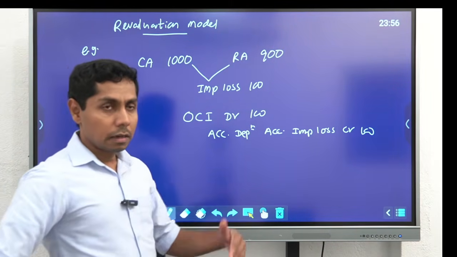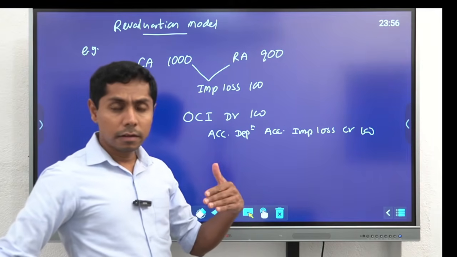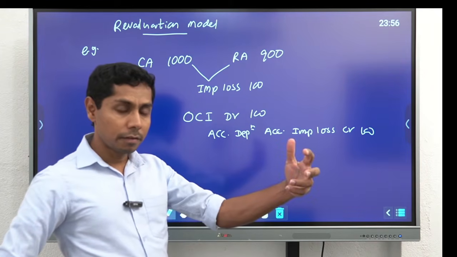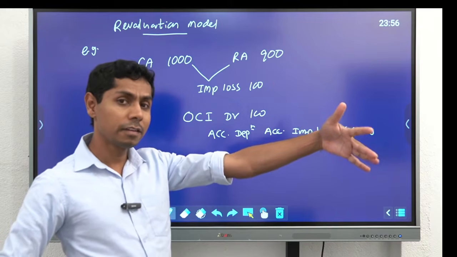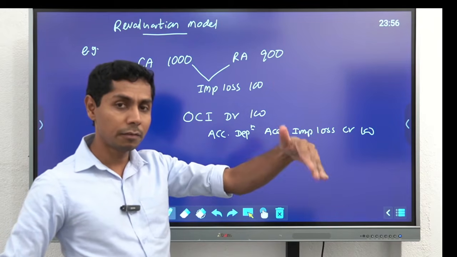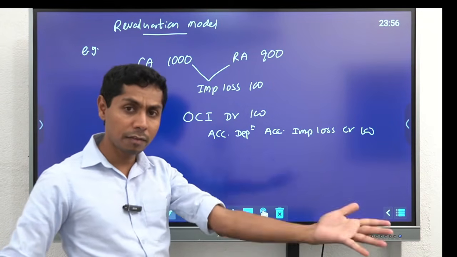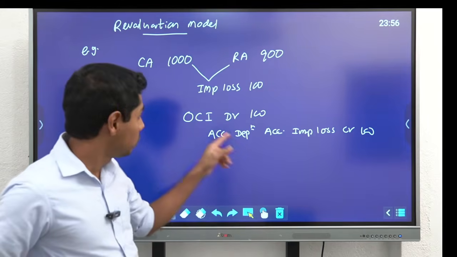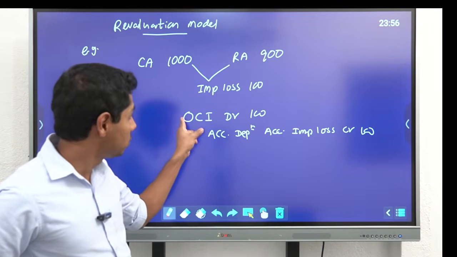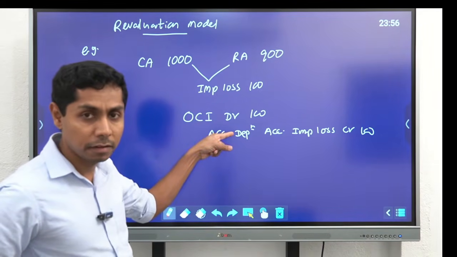Now just think that in the previous revaluation there was a deficit, not a surplus. So previous deficit, now also deficit. So where do we debit? Other expenses debit. Got it?